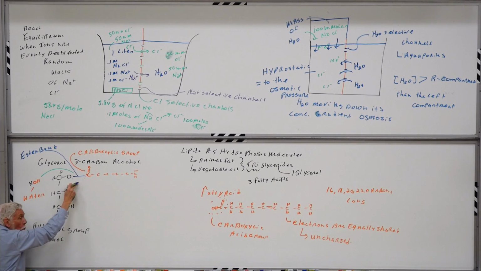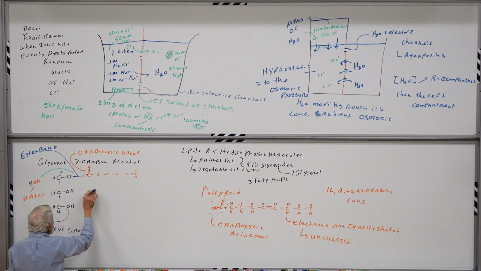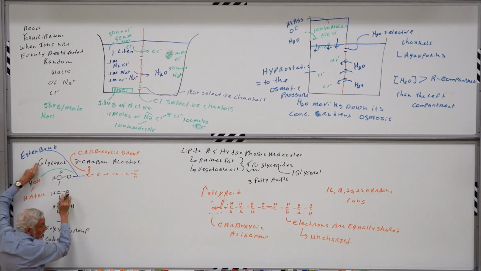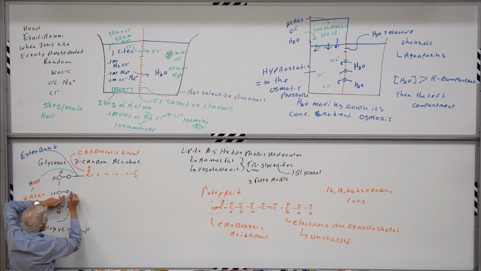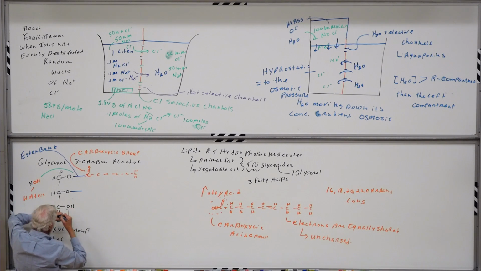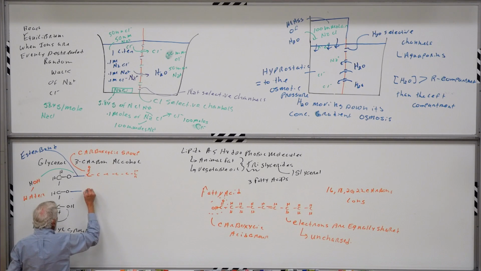So now we formed one ester bond between this number 1 carbon of the glycerol and the fatty acid side chain. And we can do this over and over again. We can go through the same pattern, where now we have this bond to the carbonyl carbon.